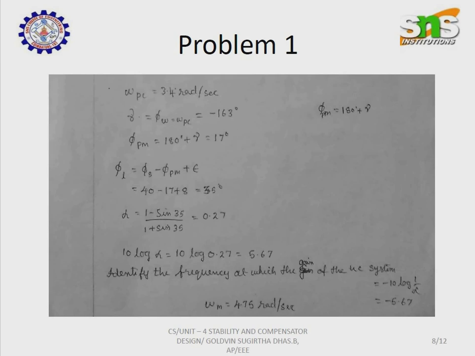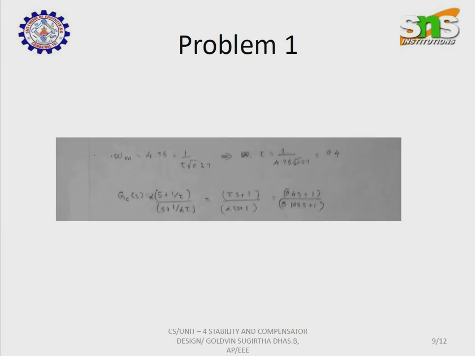So using the table we will get the value at omega m equal to 4.75 radians per second. We know the formula for omega m: omega m is equal to 1 by tau root alpha. So using that formula we can find tau is equal to 1 by omega m root alpha. When we substitute the values, we get 0.4.